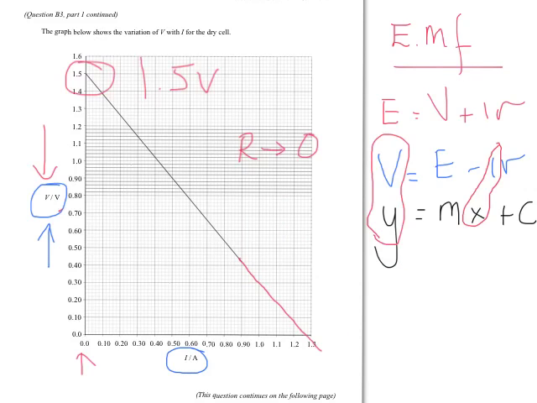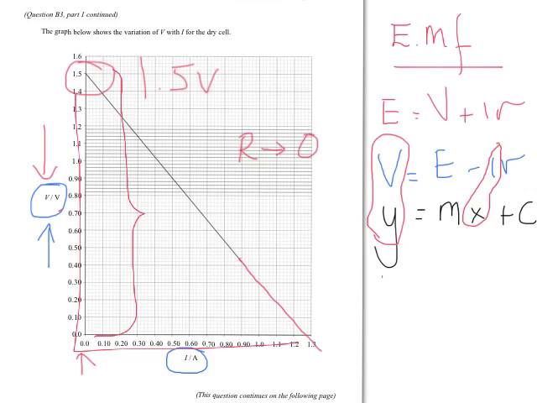Going back to the third part of that question, which is a little bit more traditional, is finding the internal resistance. As we've already said, the internal resistance is the gradient of the graph. So it's important that you write down the read-offs so the examiner can see what you're thinking and what you're doing. We have some read-offs here from 1.5 to 0, because it's just a right-angled triangle.